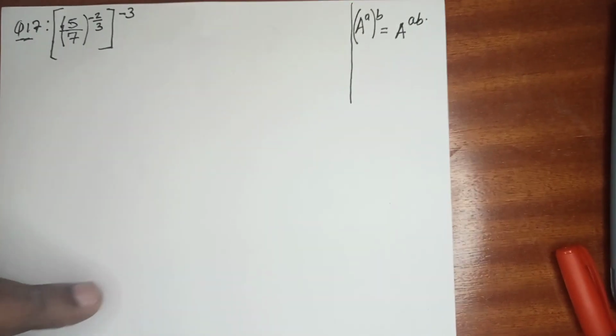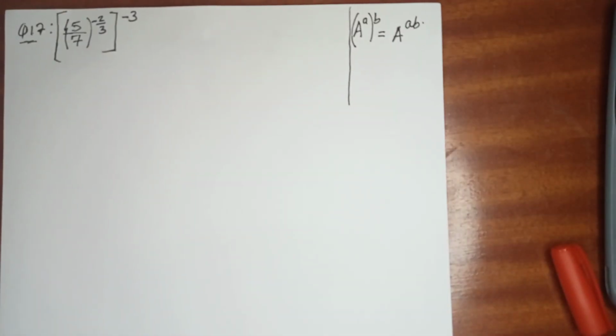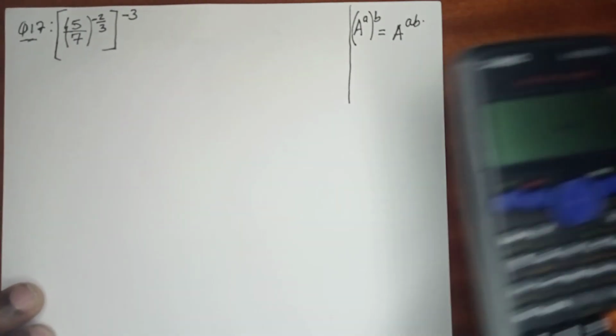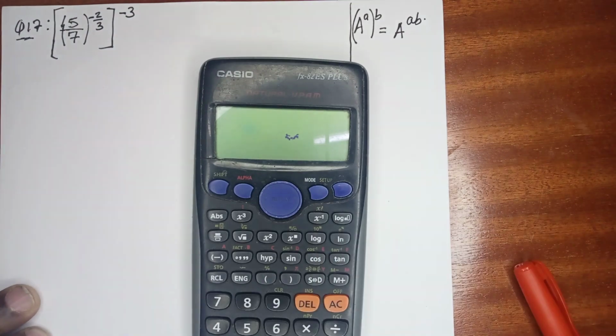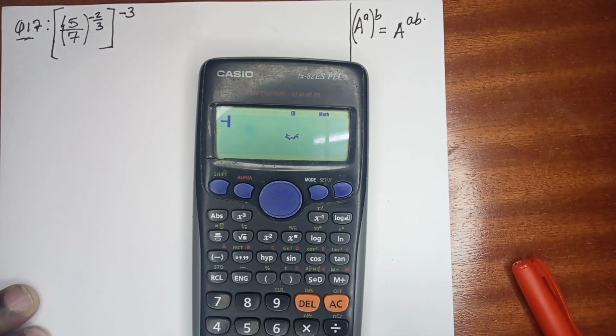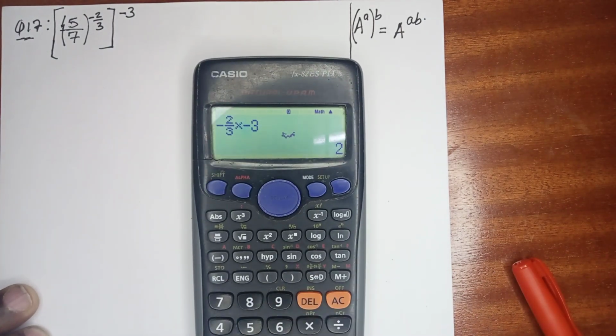We talk about the product of the indices, and that is just what we need to do. So we have to multiply minus 2 over 3 by minus 3, and then we find it's a 2.